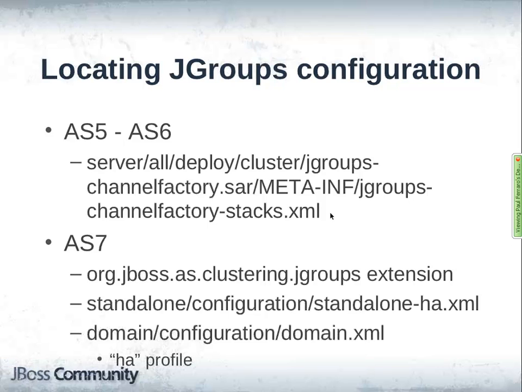That configuration file held the protocol stack configuration for your server. In AS7, as Brian mentioned, all configuration is stored in one place, and that includes JGroups itself. It's stored in the JGroups subsystem, and I'll show you the guts of that in just a bit. Okay, I'll show you it now.